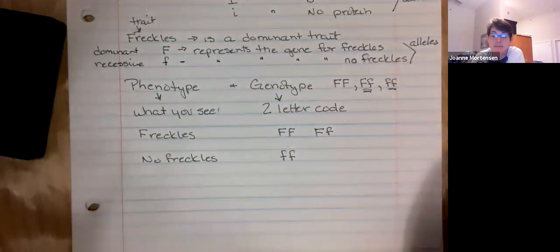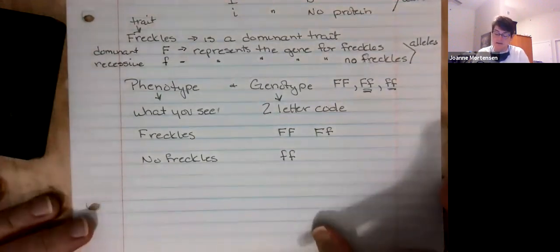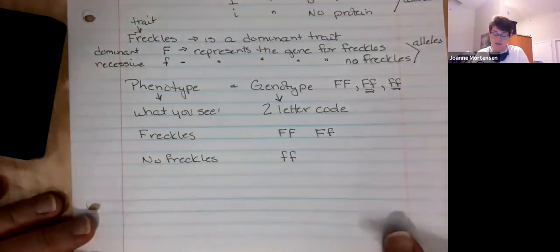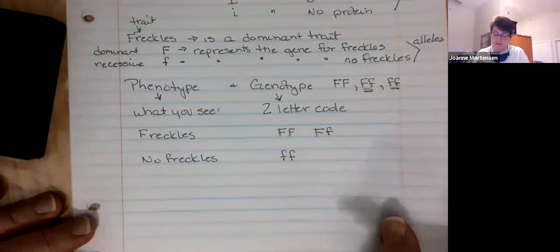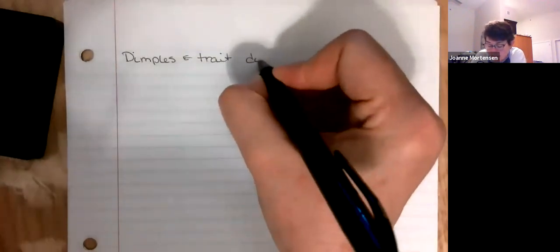Okay. Now let's try that again with another trait. Yeah, let's look at dimples. Okay, so that's the trait. And again, I'm going to tell you it's a dominant one.